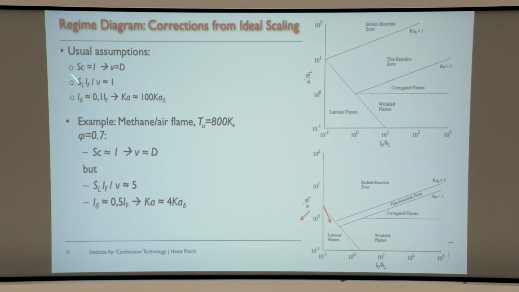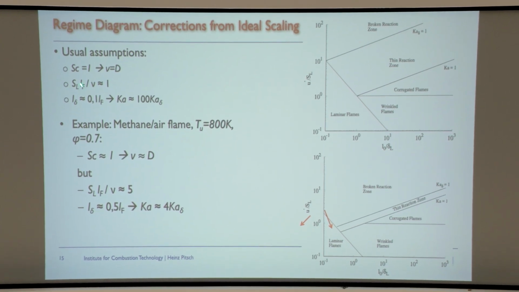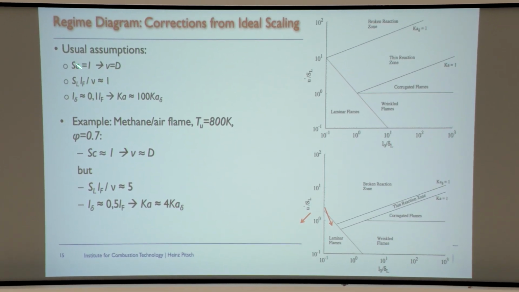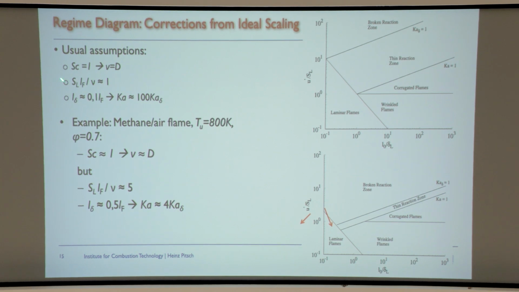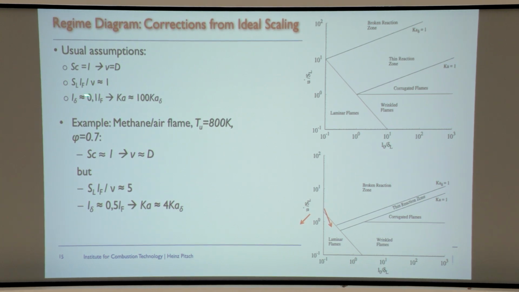Nu equal to D. We said nu is equal to S_L times L_F, and so on. But when you evaluate this in a real flame, here a methane air flame, you see these numbers are different. And if I would use real numbers, then these lines might end up in a different place, okay?